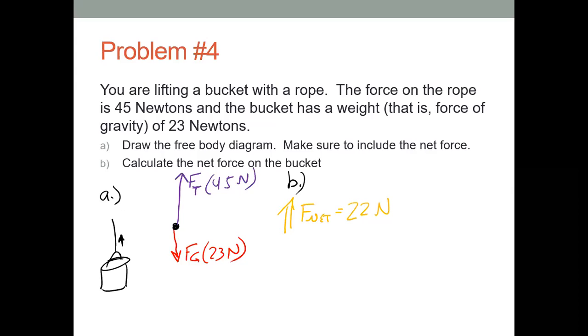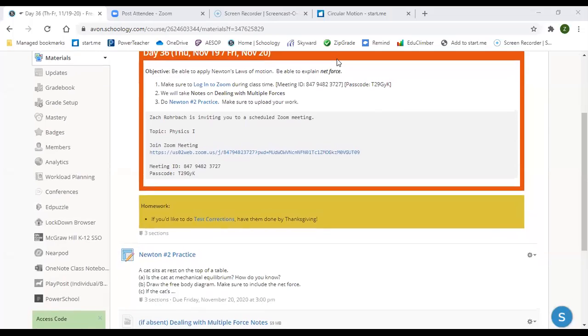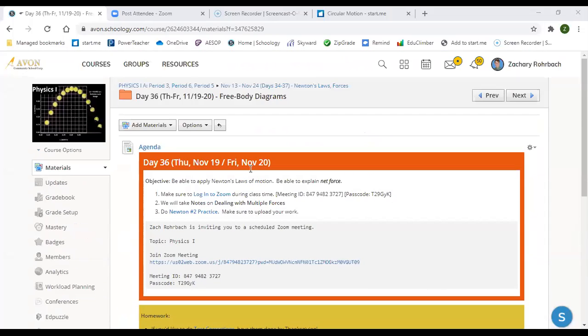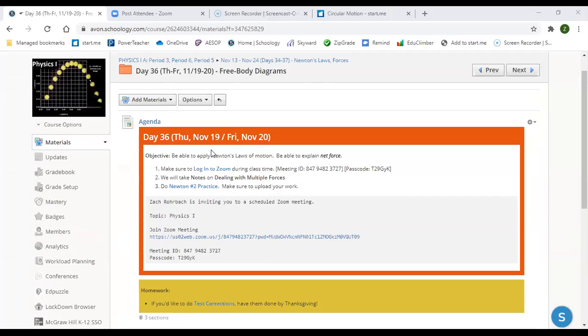I would like you guys, if you don't mind, in today's folder, because I want to see how you're drawing these, so that I know what I need to teach. Sometimes the things that you think are important to draw aren't the same things that I think are important to draw.